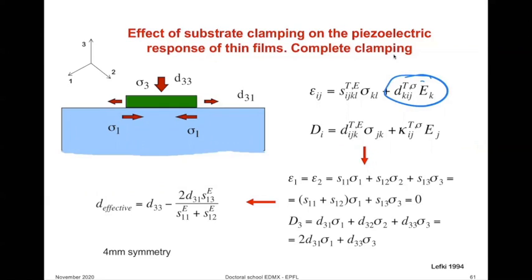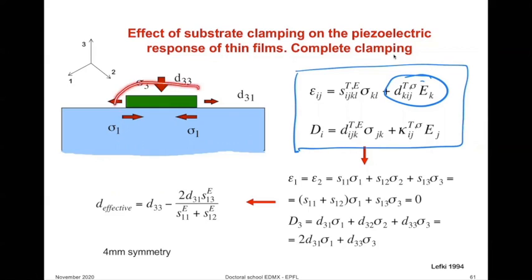For the problem that we are going to consider now, this pair of constitutive equations is the most convenient. So what do we have here? We have a piezoelectric thin film given in green, deposited on some substrate, which is given in blue.